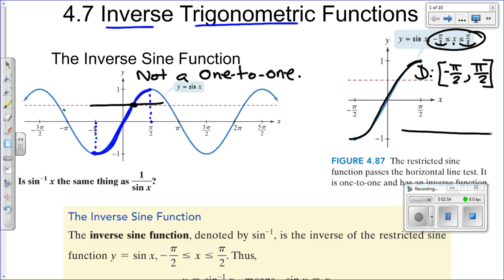Looking at the number line, if this was 0, this will be negative pi over 2, and this will be positive pi over 2. So we're going to be taking numbers that come from here to here, and everything in between, including pi over 2 and negative pi over 2.